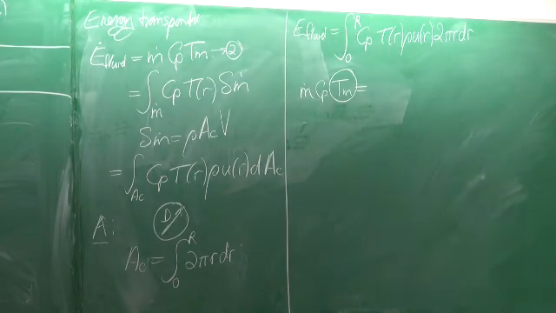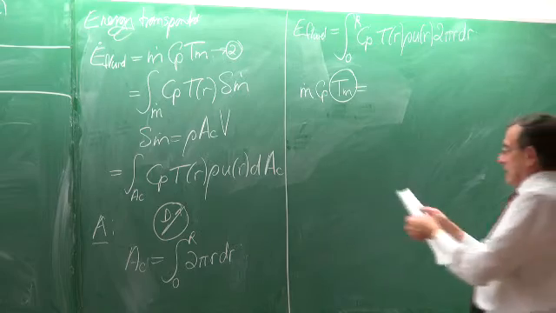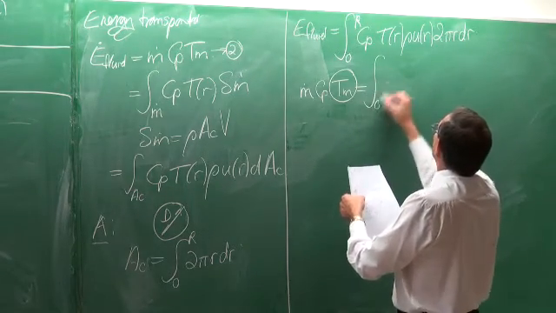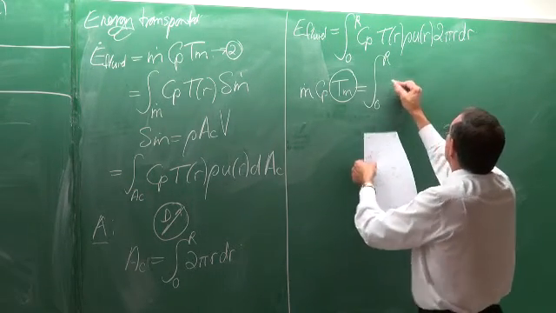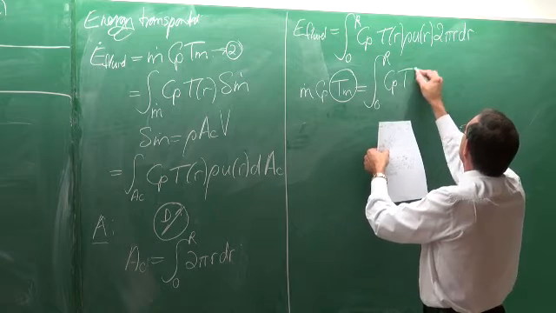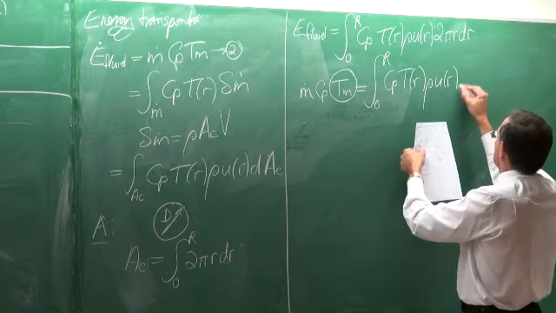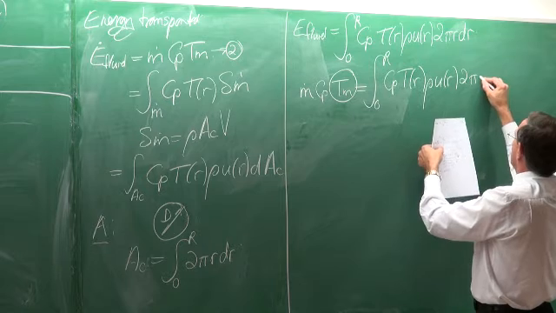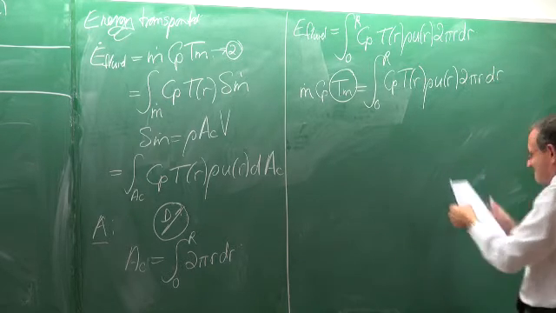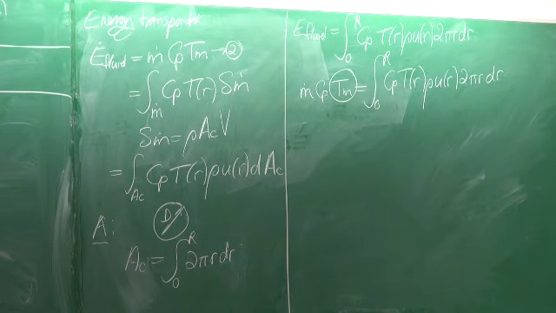We actually want to get Tm, which is then equal to the integral from 0 to r of Cp, the temperature as a function of r, rho, U(r), 2 pi r dr.